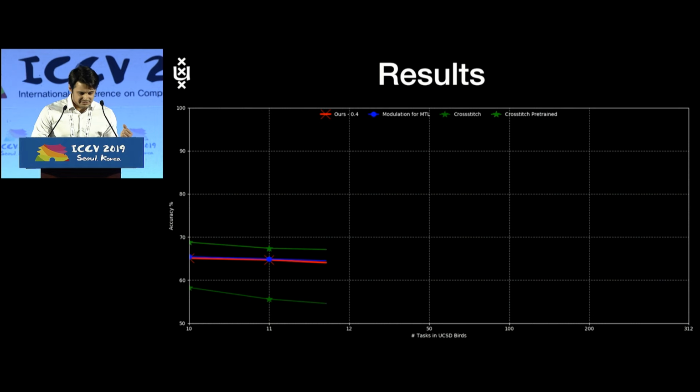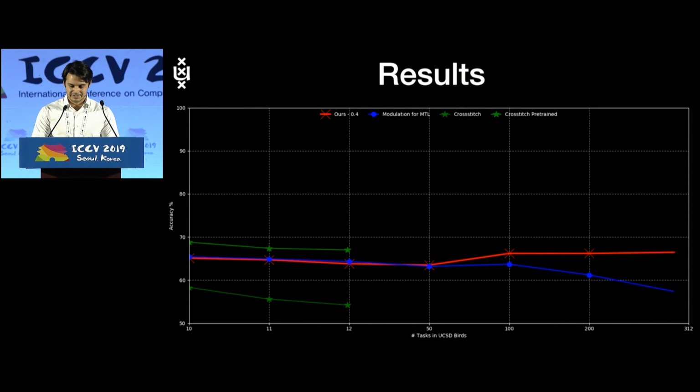So the race has started, and in green we have the cross-stitch networks, which have crashed at 12 tasks, and the modulation for multitask learning networks, which are in a close race with the red signal, and we're the red signal. So task routing efficiently performed 312 classification tasks on this chart with an 11.6% difference in accuracy.